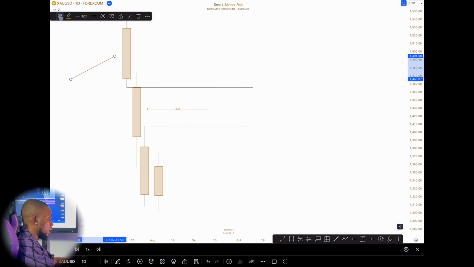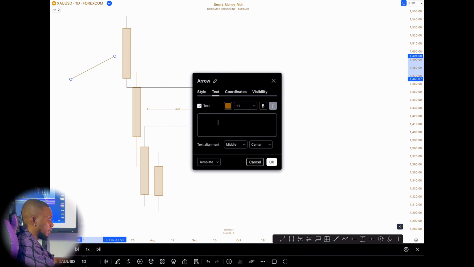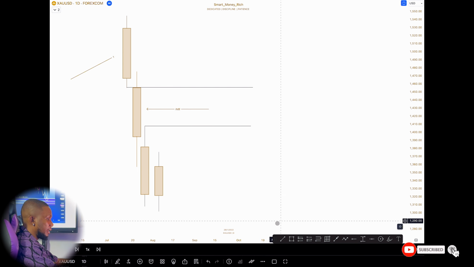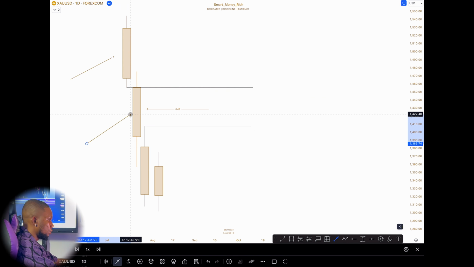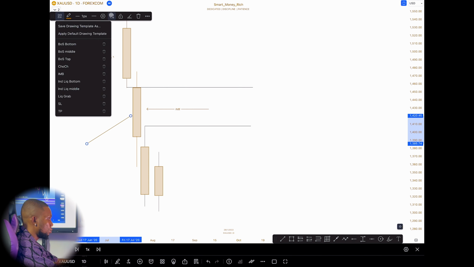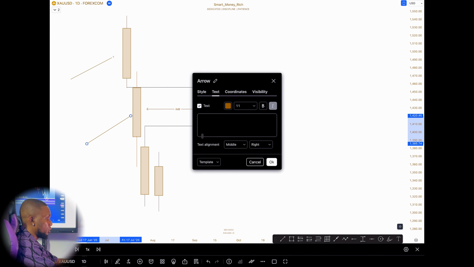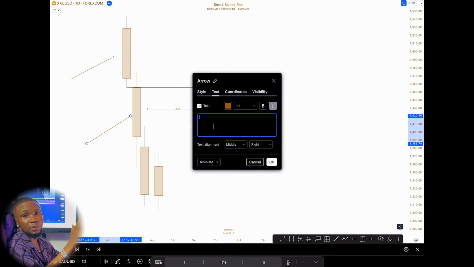This is candle 1 right there. And then I'll call this candle 2. Guys, you need to be patient with me. I'm giving you gems, something that's going to last for ages.